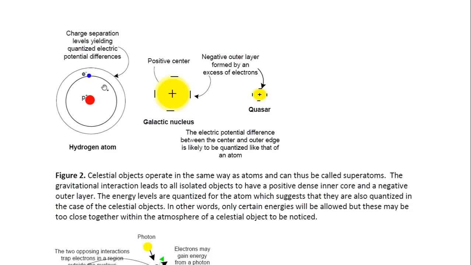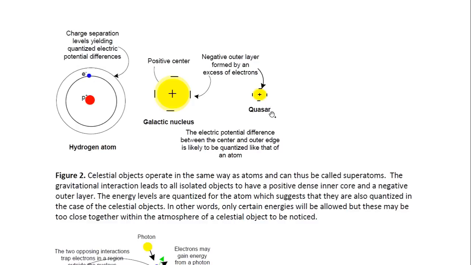And here we have an atom, this is a hydrogen atom, it only has one proton and one electron. This is the nucleus, it only has one proton in the nucleus. And then there's an electron in an energy level orbiting around that nucleus. So it has a positive core or interior and a negatively charged outer layer with one electron in it.